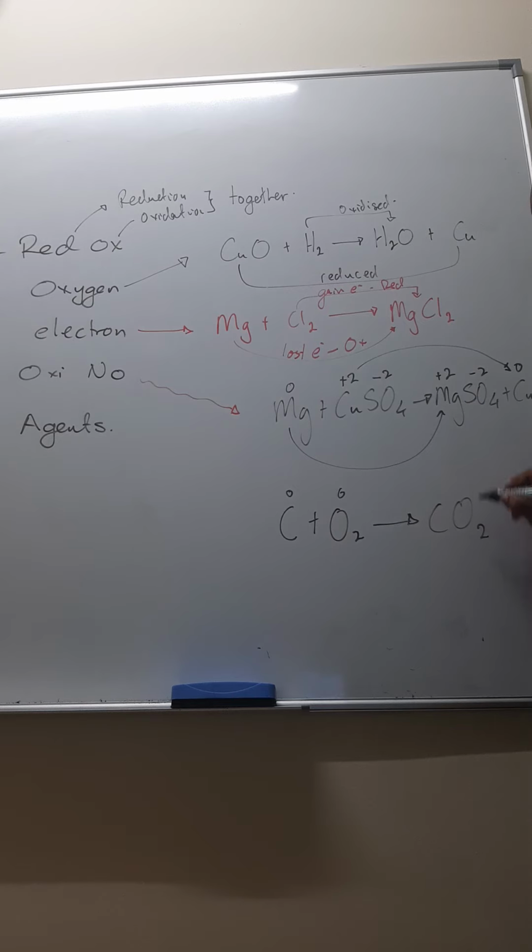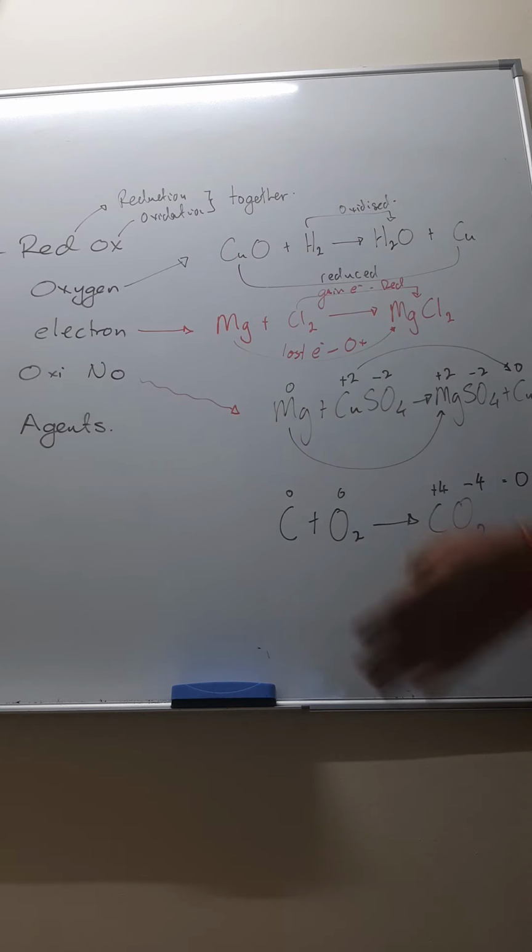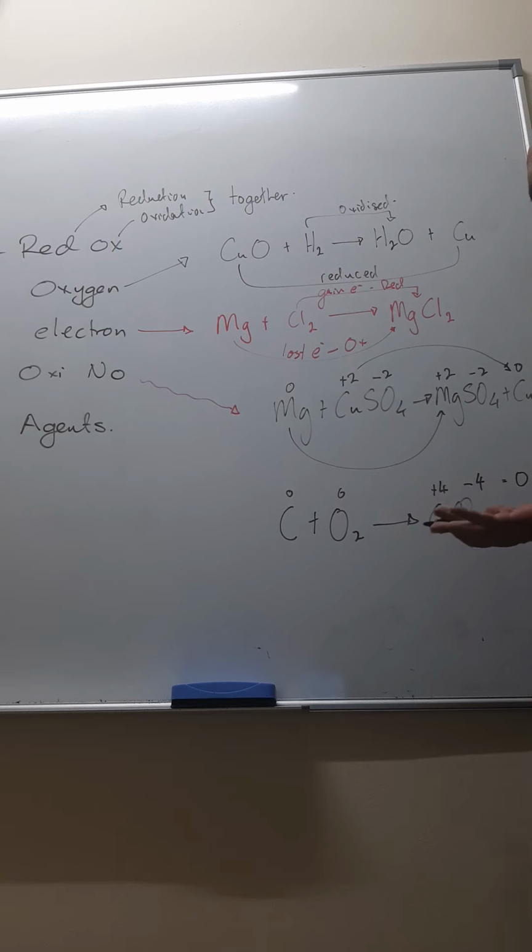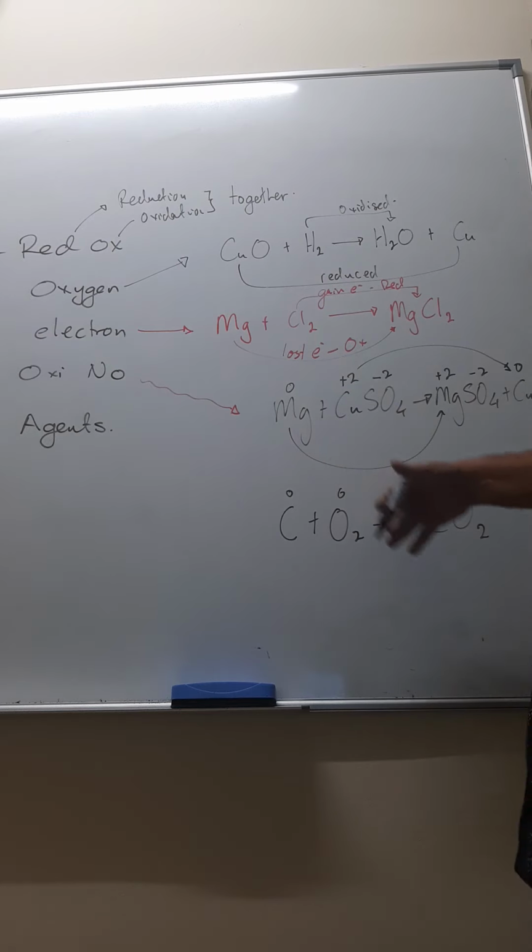So, negative 2 times 2 ends up being negative 4. So, therefore, carbon must be plus 4, because when you add them up, they should equal 0. The oxidation number also multiplies with the O2, so it has to, when you're balancing it out, if there's 2 to 1 and things like that. Okay? So, that is oxidation number.